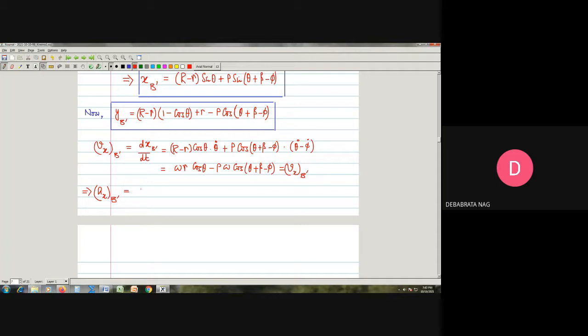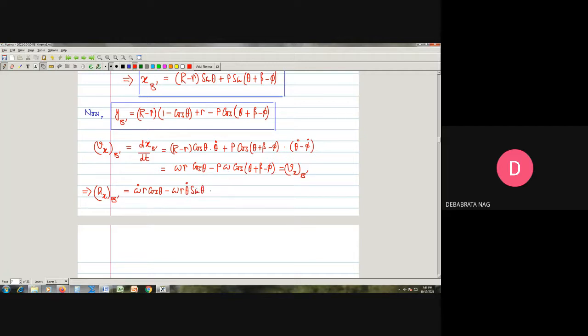So we can write this will be omega dot r into cos theta. Correct? Then we need to differentiate this. So again it will become minus omega into r theta dot into sine theta. So we can say this one.